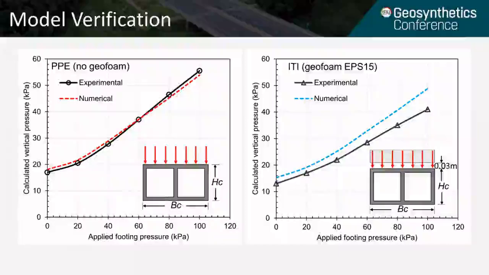Also on the right side of this slide, we're showing the induced trench installation method with the geofoam EPS 15, and we can also see an acceptable agreement between the experimental and the numerical result.